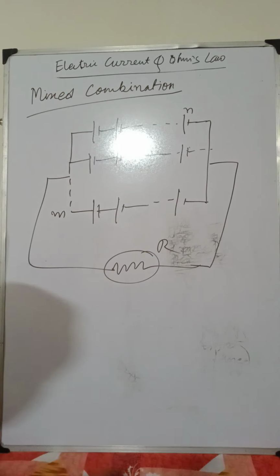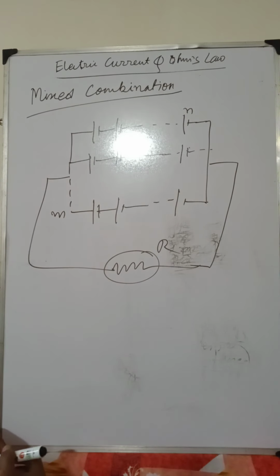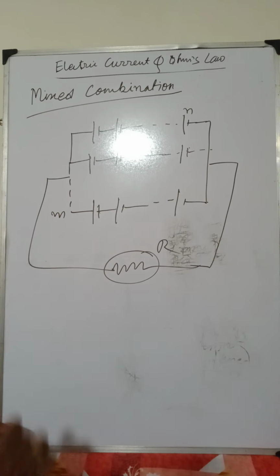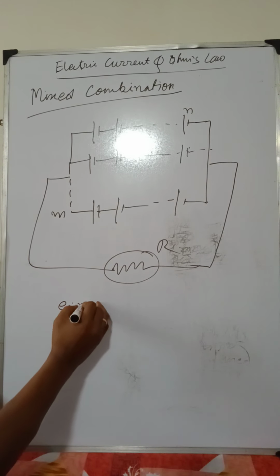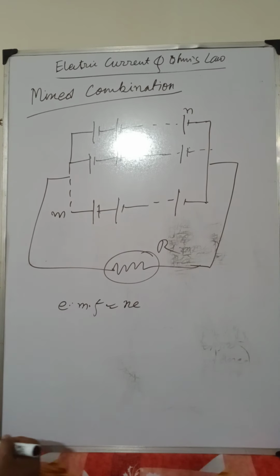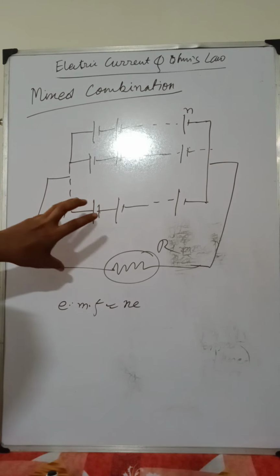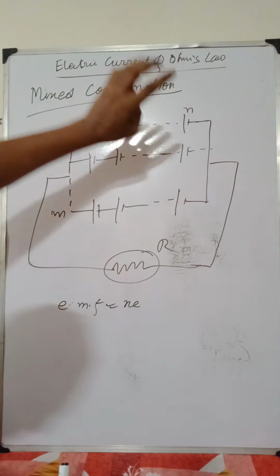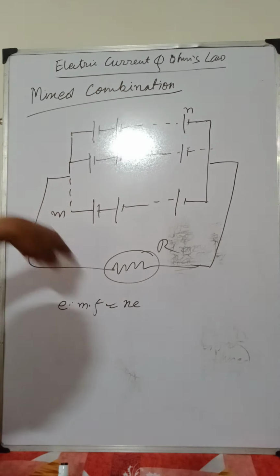For a single line there are n number of cells, so the effective EMF for one branch is nE. So that will be the effective EMF for the total circuit.